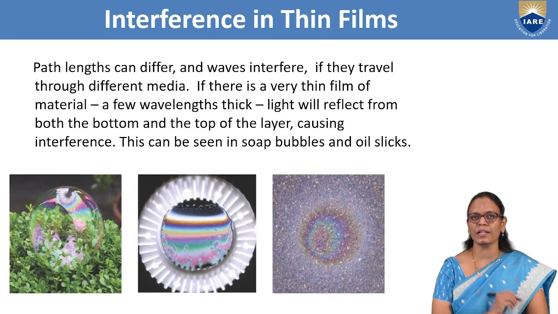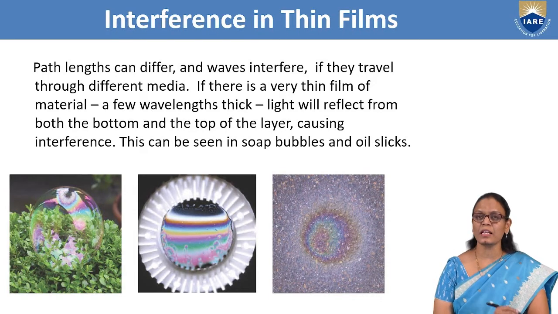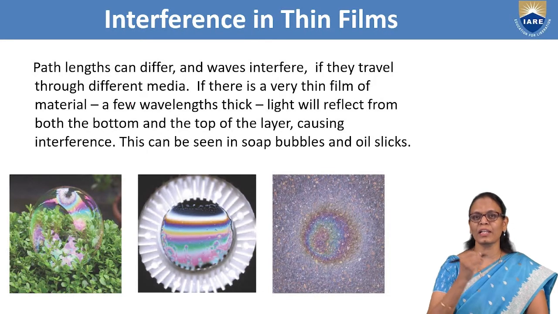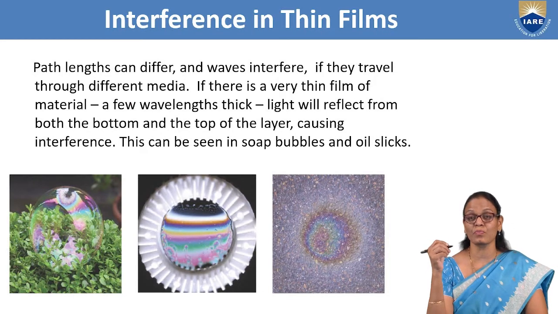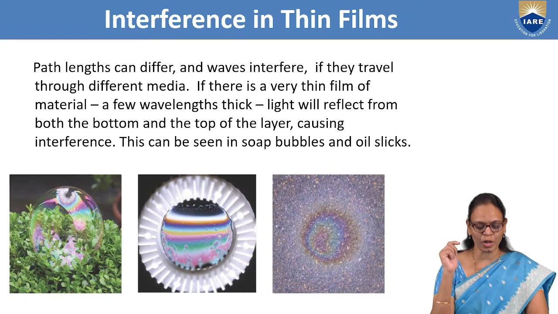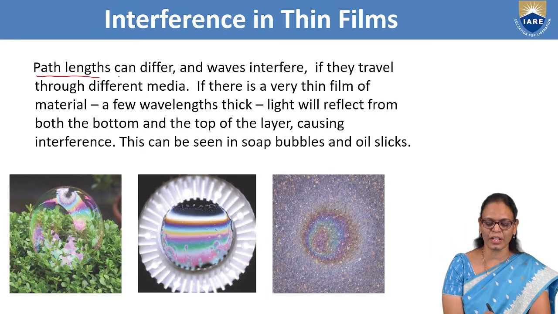Now in our day-to-day life, we see many cases of this interference phenomenon. Whenever path lengths differ, the waves interfere. If a ray of light travels through two different media, maybe from air to glass or from air to water, the path lengths will differ.